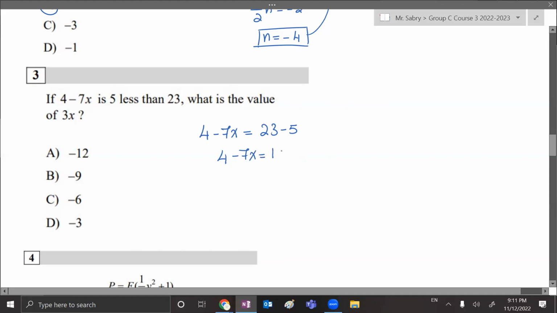Sorry, 18. 4 will move to the other side, so -7x will be equal to 14. -7 will move to the other side by division, so x will be equal to -2. What is the value of 3x? That's 3 times negative 2, which means the answer is negative 6. This is your final answer, C.